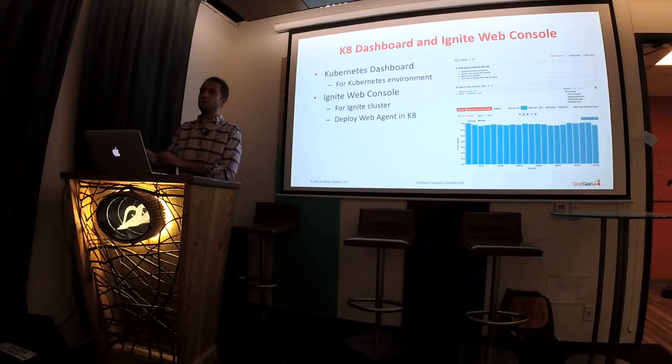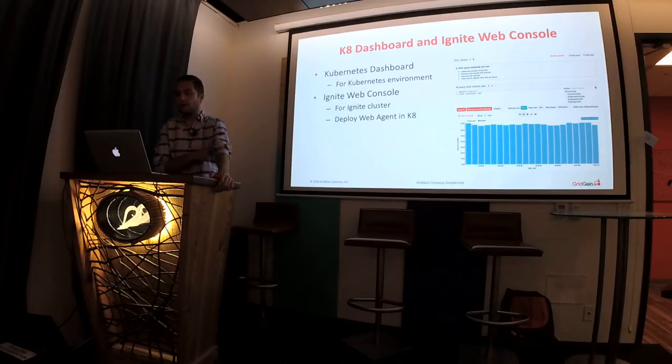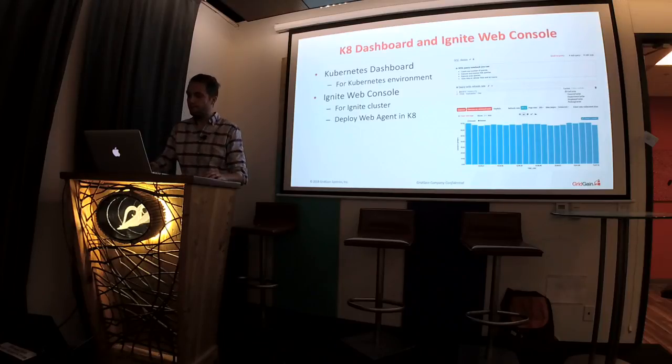When we want to monitor the database piece of our deployment, we usually need to use the tools provided by the database vendors. On the Ignite side, we use Ignite Web Console. That just gives us a 360 view on everything that is going on there.